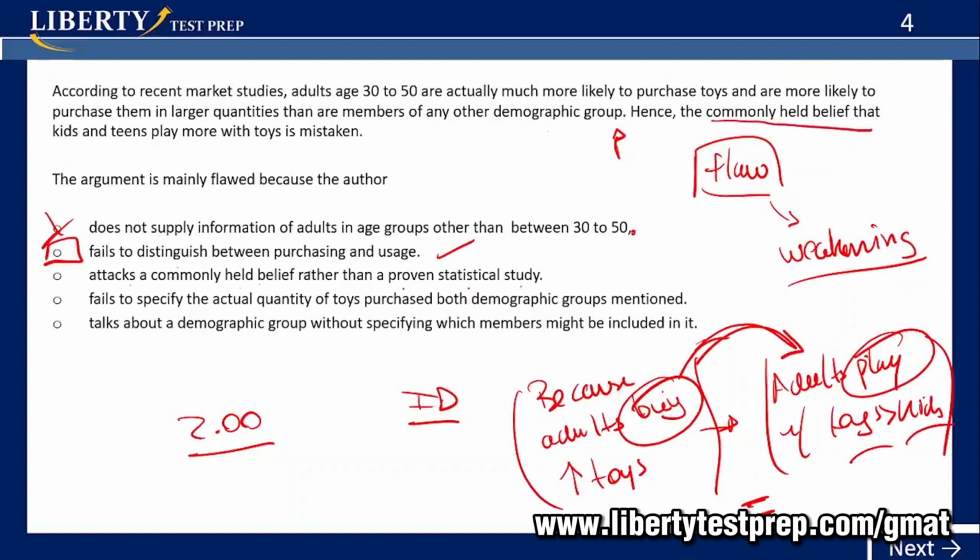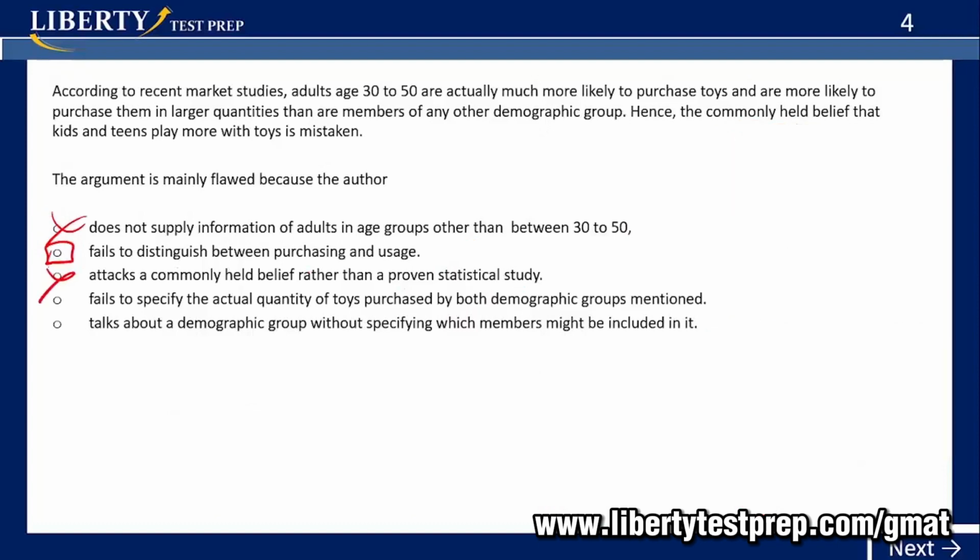So the author is actually doing okay trying to weaken a belief, because a belief is a claim, an opinion. So he's trying to weaken an opinion, and that's totally fine. So that's not a problem. Okay, now letter D. The argument fails to specify the actual quantity of toys purchased by both demographic groups mentioned.